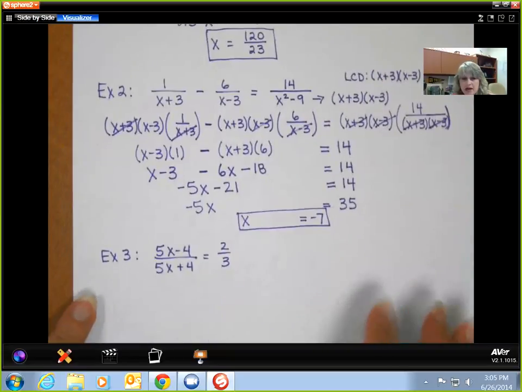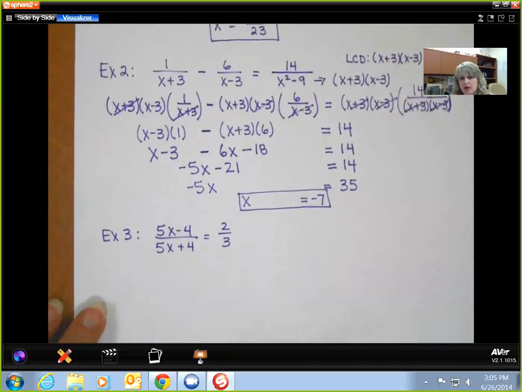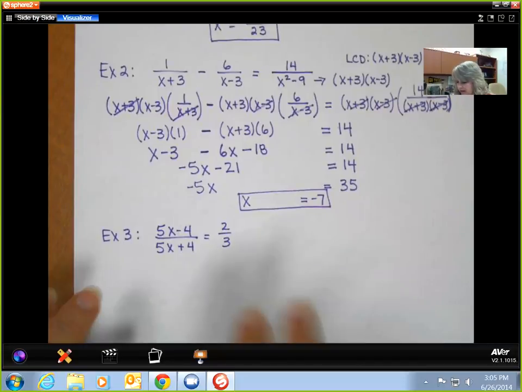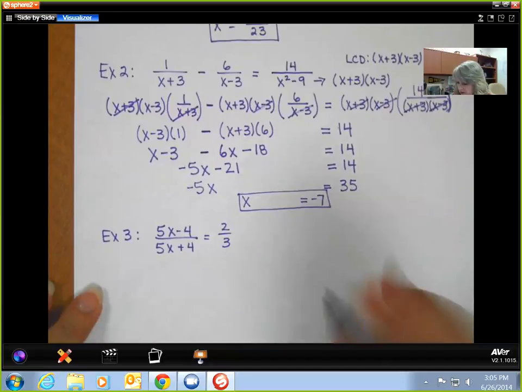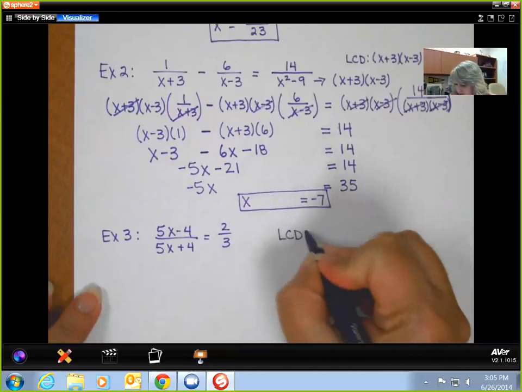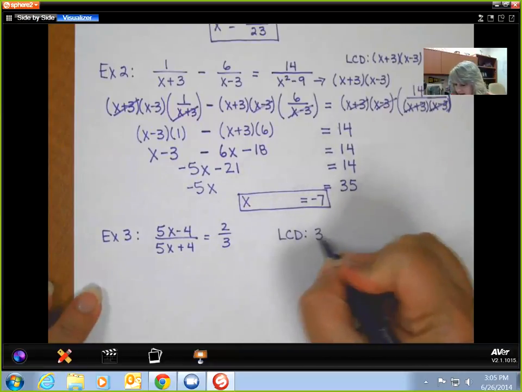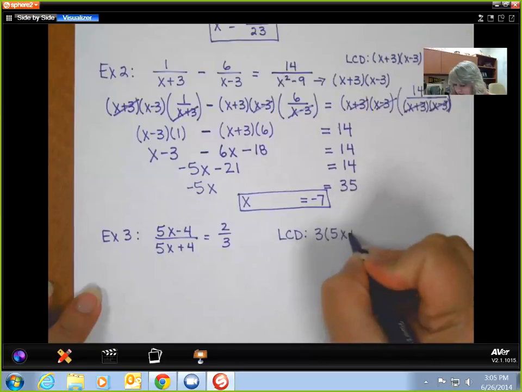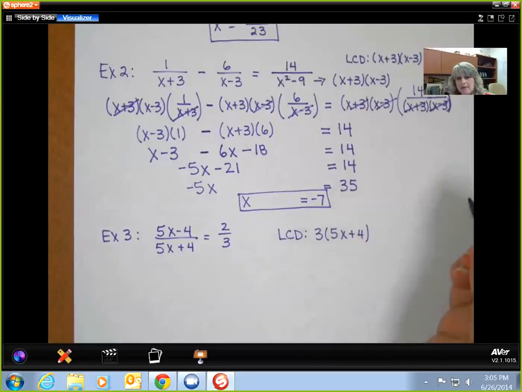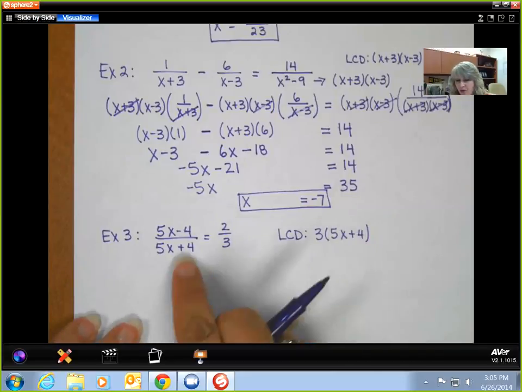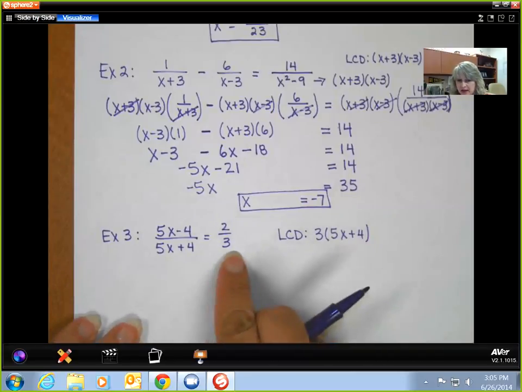All right, now this third one, we could multiply through by the least common denominator. Notice we have 2 different denominators. It would be 3 times 5x plus 4. So we can multiply both sides by that, or look at it specifically. When you have one fraction equals another fraction, this is called a proportion.